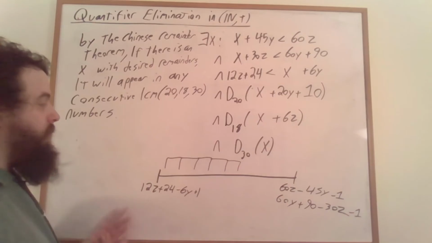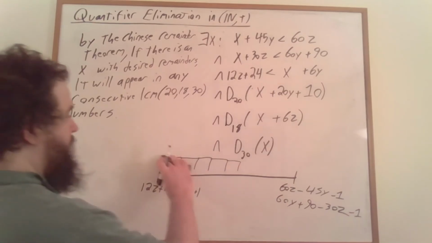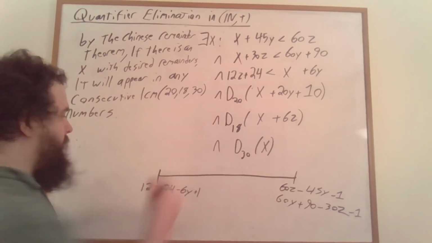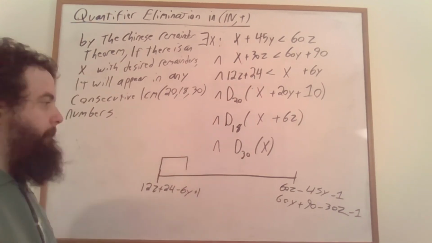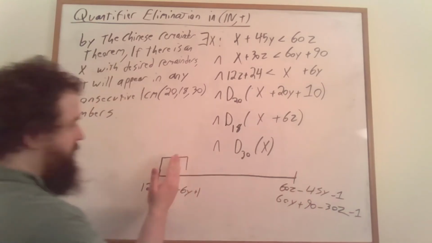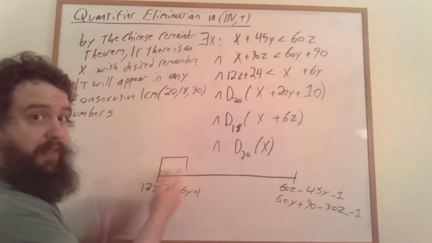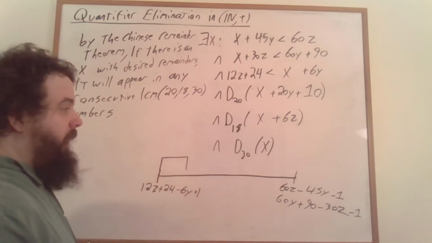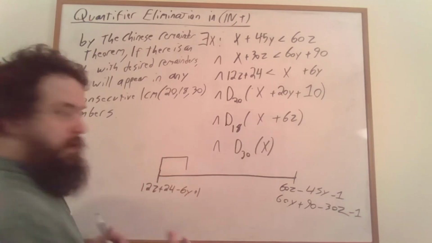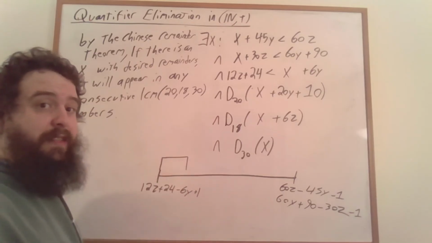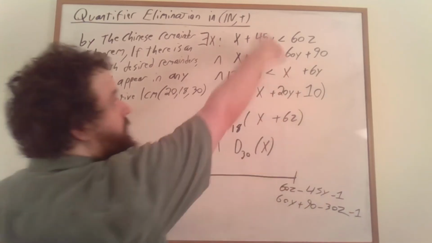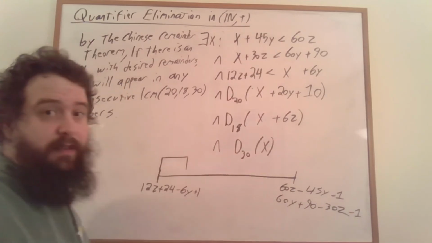And so all we need to do, actually, is look within the first 180 numbers on this chart here. Now, of course, this might not be to scale. It might be the case that these upper bounds are somewhere within here, within the first 180 terms, and that's perfectly fine. Those x's will clearly not be the candidate that we're looking for if they're larger than this, because we're also going to check to see if they satisfy these inequalities.